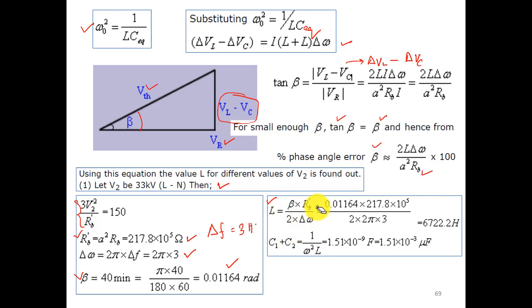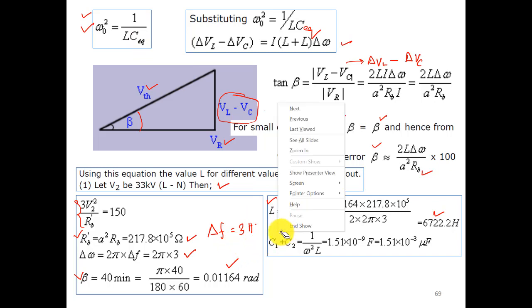So L is nothing but beta RB dash, and RB dash is nothing but A square RB by twice of delta omega. Just by substituting the values, we find L as 6722.2 Henry. Now substituting this L value in omega 0 square equal to 1 by L C, omega 0 we know, L we know, so C equivalent, which is C1 plus C2, we can find out.